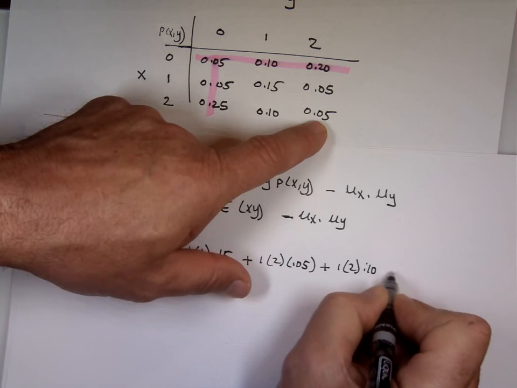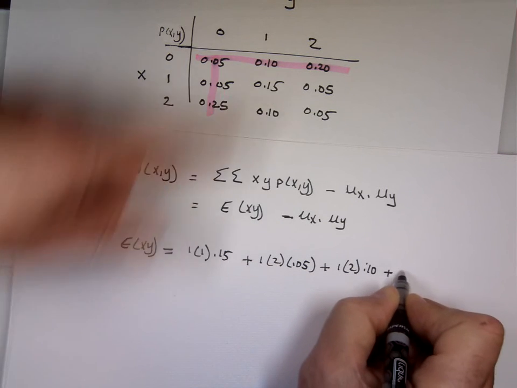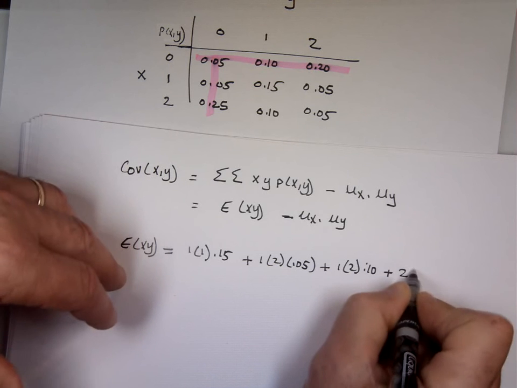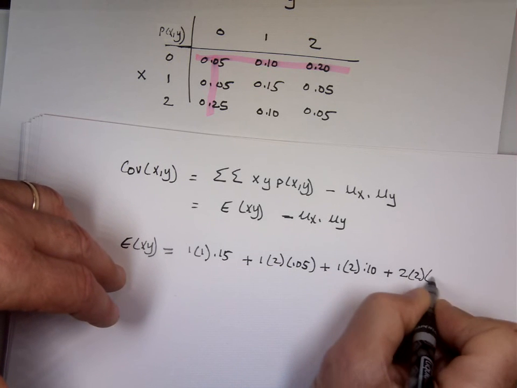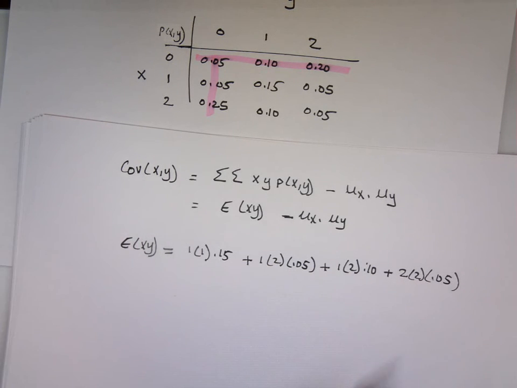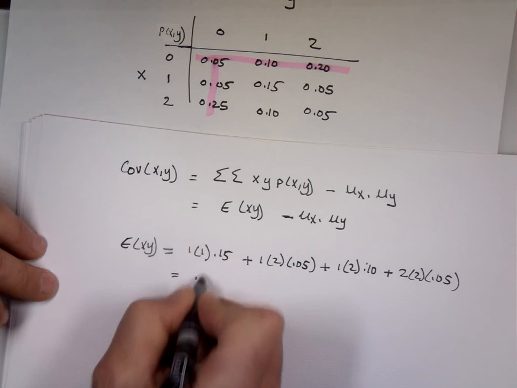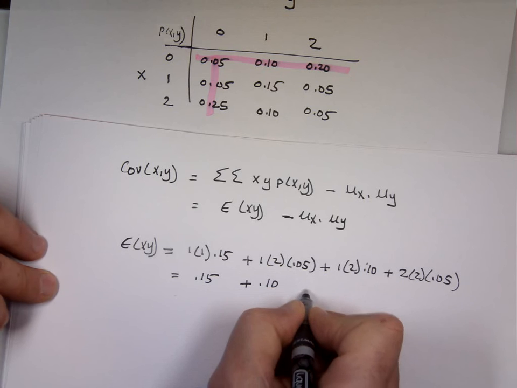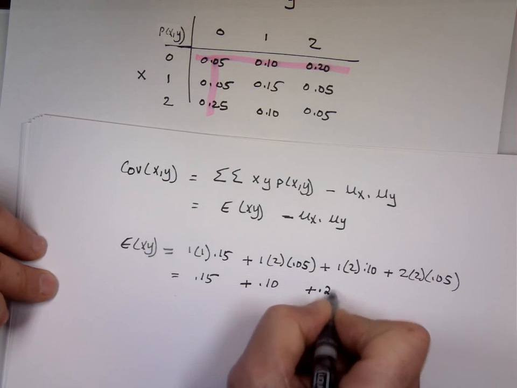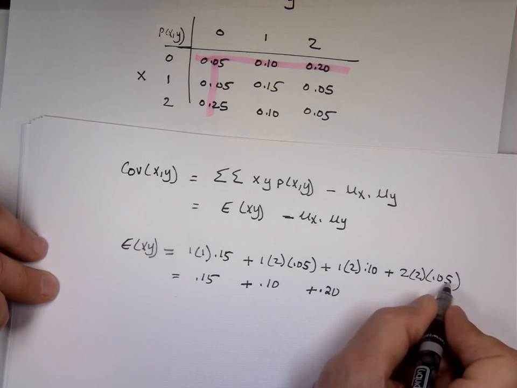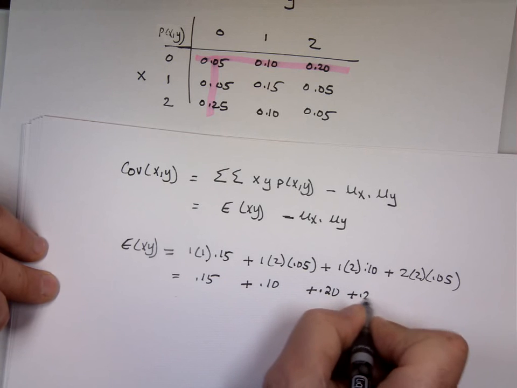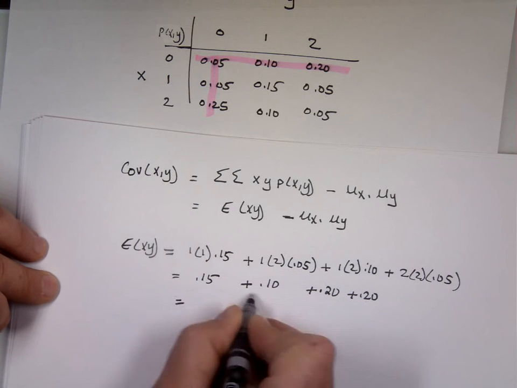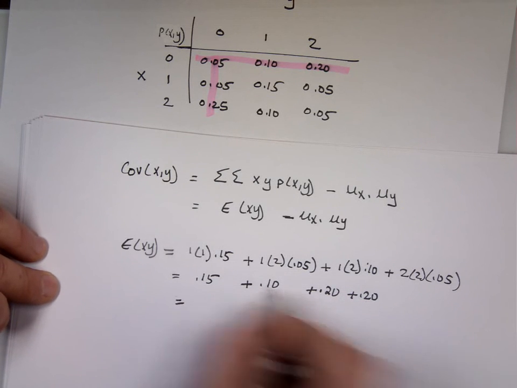That one, 2 times 2 times 0.05. That's 0.15, 0.10, is that 0.20? 4 times 5 is 20. 15, 25, and 40, 65.